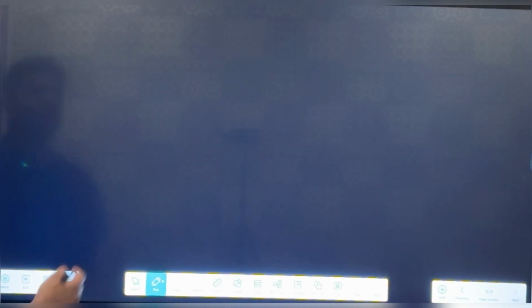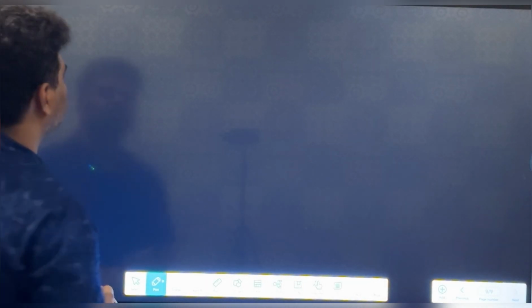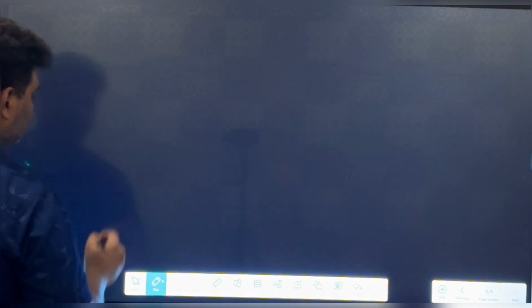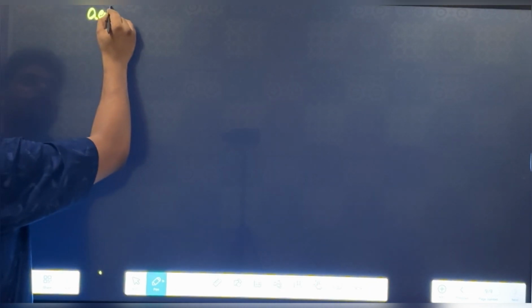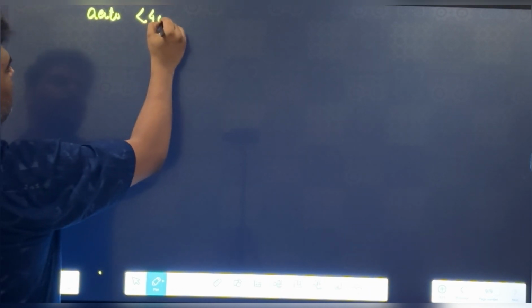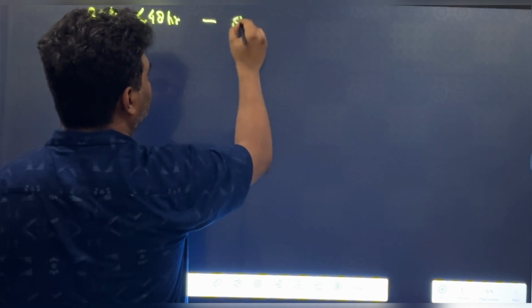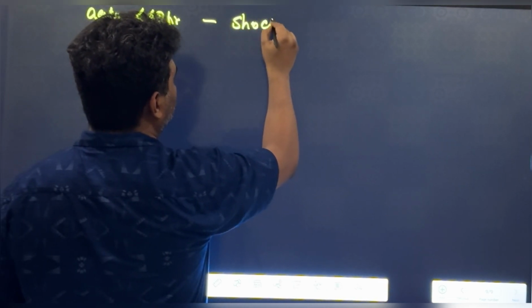Now you should know the treatment. Once you have diagnosed atrial flutter, you should know the treatment of atrial flutter. It's just like atrial fibrillation. If it is acute, that is within 48 hours, the first thing you have to see is whether the patient is in shock or not.